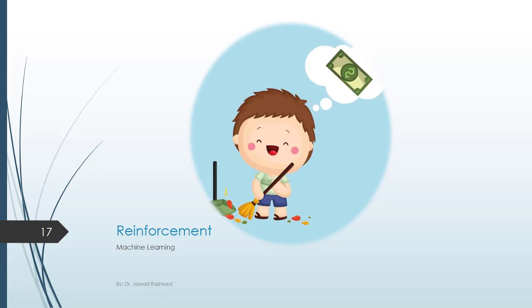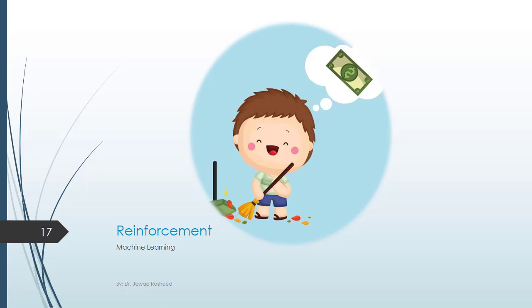So he thinks that if I clean the stuff, then I will be rewarded with money. So what is the reinforcement learning here? It is the reward. You are reinforcing. Clean, you will be rewarded. If you do not clean, you will be penalized.